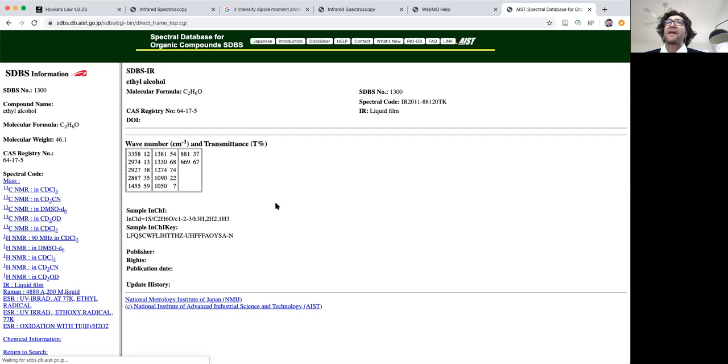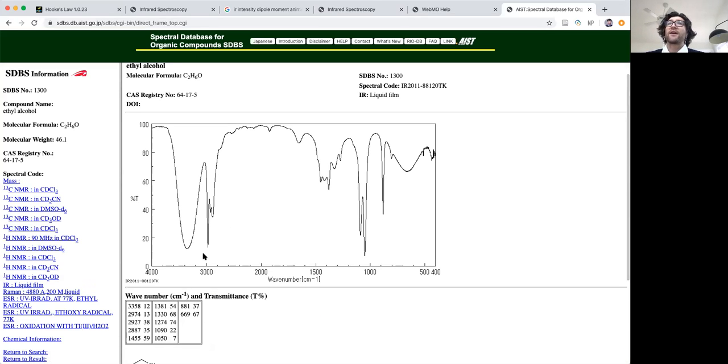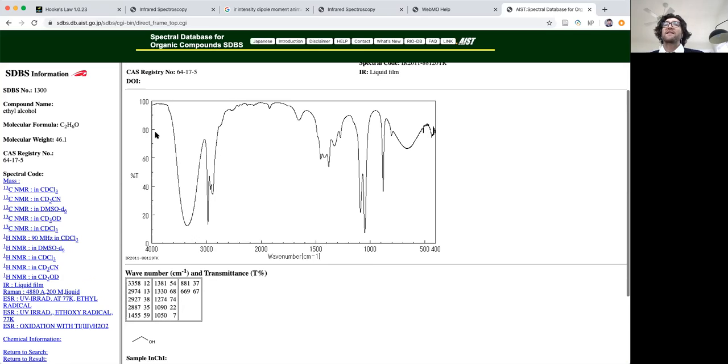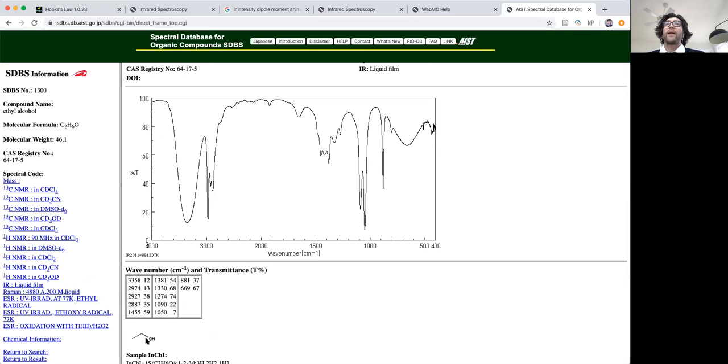So the ethyl alcohol spectrum here has a very large broad peak that is likely due to the OH bond because of the hydrogen bonding interactions. We see that there is nothing to the left of 3000 because there are no double bonds or triple bonds, only things to the right.